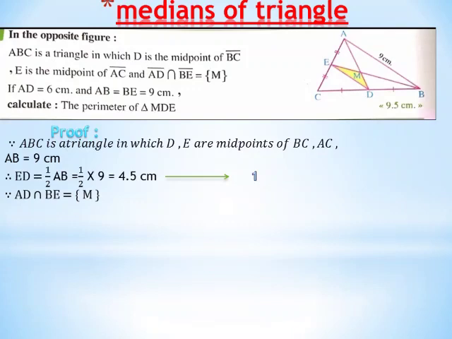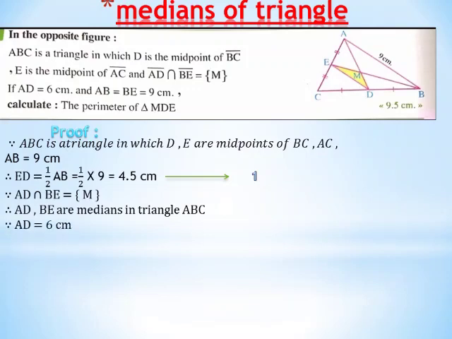In the information, two lines intersect at the point M, and these two lines go from the vertex to the midpoint. We said yesterday that any line from the vertex to the midpoint of the opposite side is called a median. So AD and BE are medians in triangle ABC.